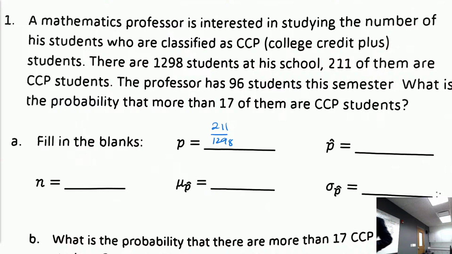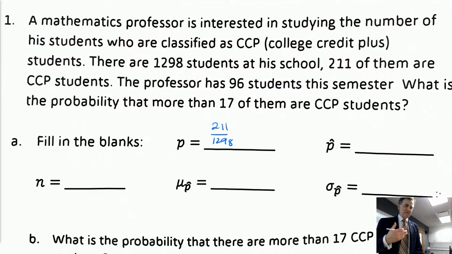So this is what's true for everyone: 211 out of 1298 CCP students. So that's that. P hat, on the other hand, is the symbol we're using for the proportion in the sample. So sample proportion, just to distinguish it from the true proportion for everyone.